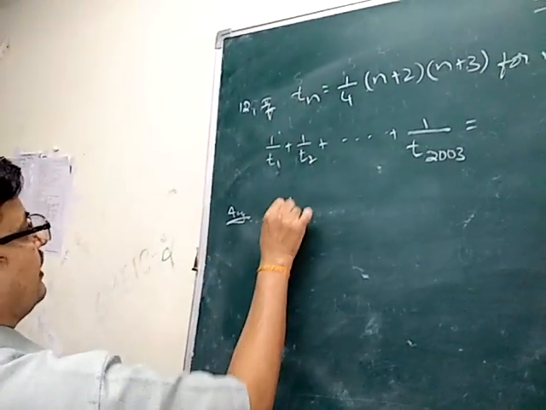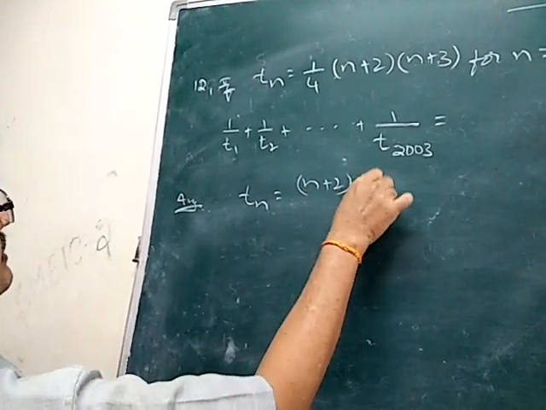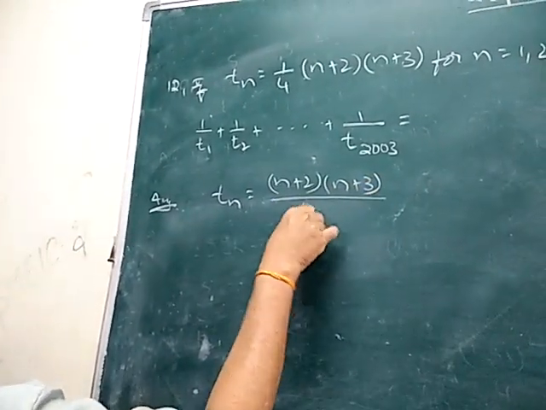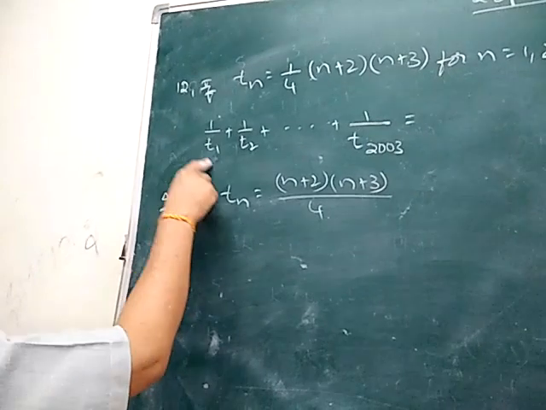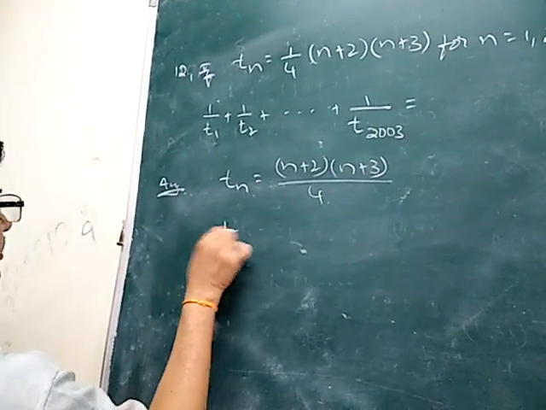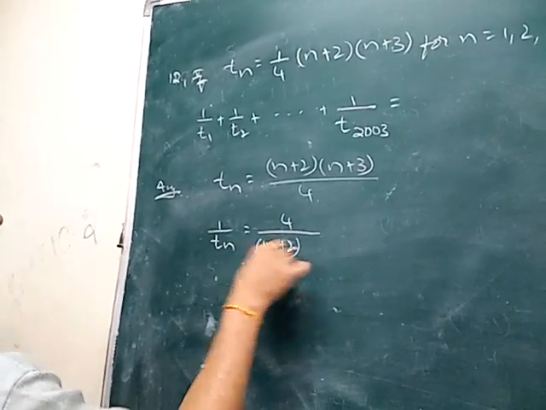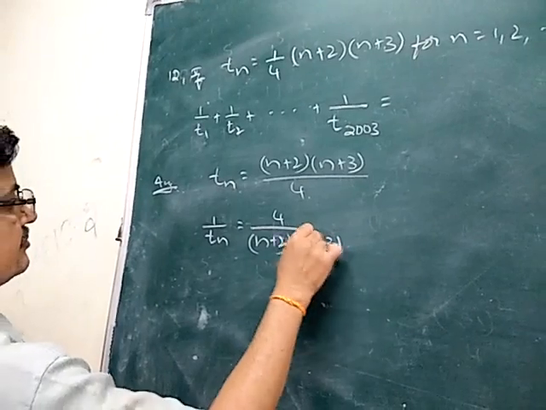Here given Tn is n plus 2 into n plus 3 by 4. We require 1 by t1, 1 by t2, 1 by t3 and so on. So that's why 1 by tn is equal to 4 by n plus 2 into n plus 3.